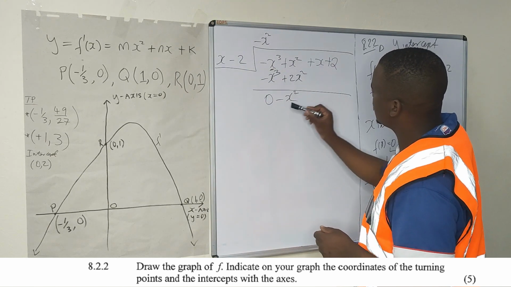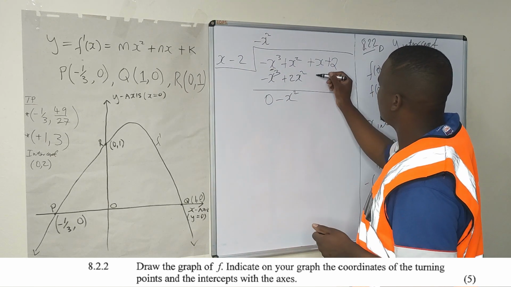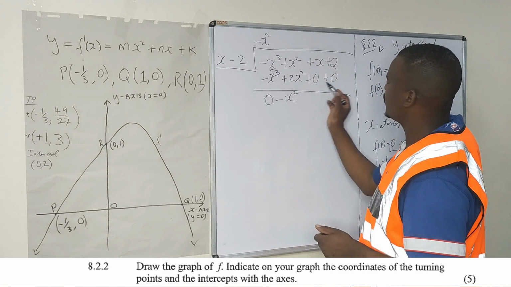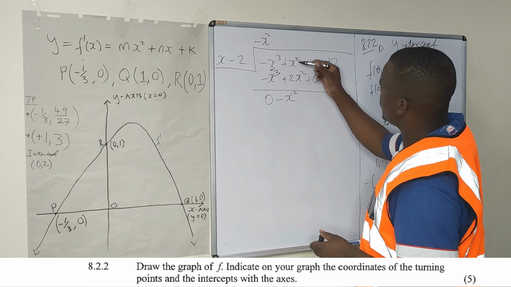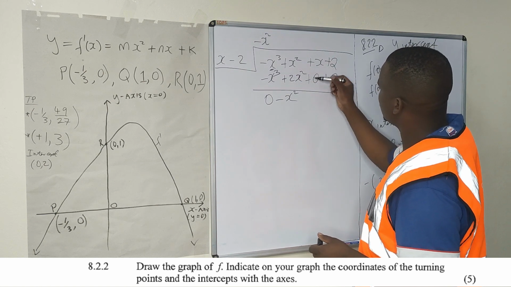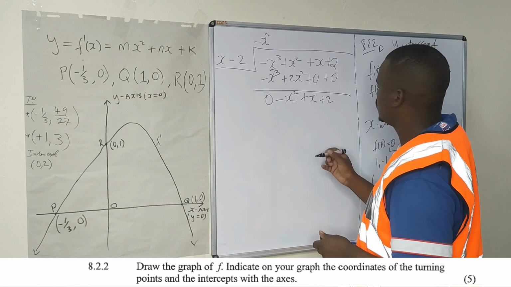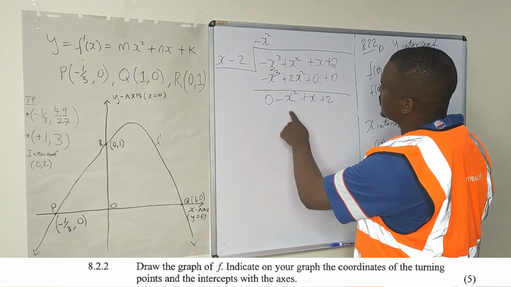So this minus x squared, and then plus 0, because you don't have others, coefficient of x and a constant. Then you subtract this and this, get that, x minus 0 is x, 2 minus 0 is 2. What do you have? You have this.